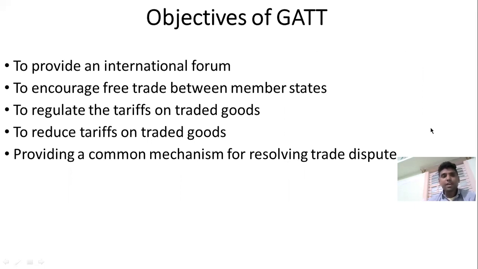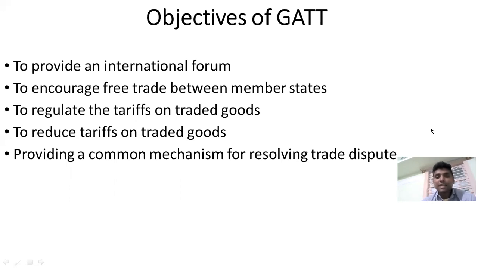The first objective of the GATT is to provide an international forum for negotiations, for trade dealings, for transactions, to encourage free trade between member states. It was a very important core objective of the GATT to see that the members have good relations. Even if relations were strained, they made sure that the trade is not affected by that strained relationship.